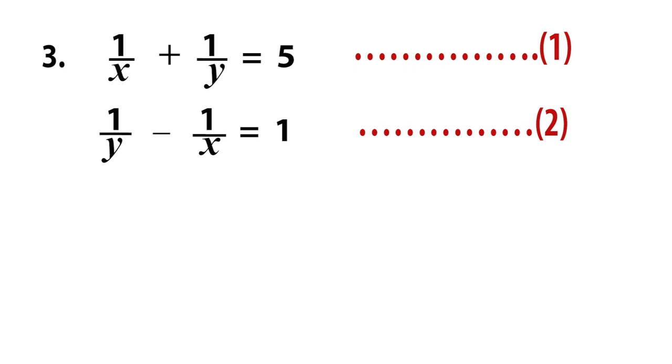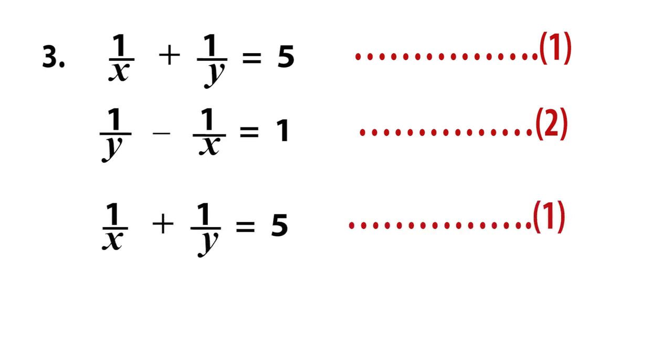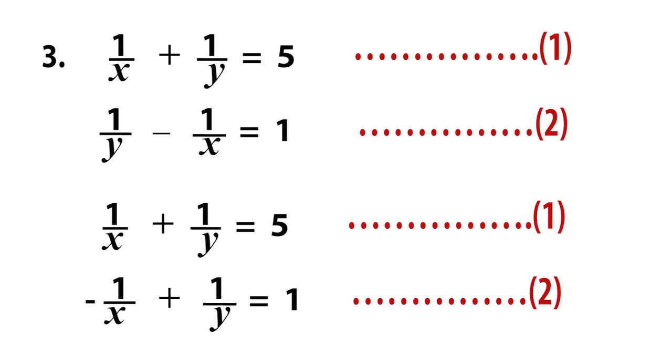So what we have to do is to rearrange the two equations so that the variables X and Y will be aligned or arranged vertically. So we have 1 over X plus 1 over Y is equal to 5. That is equation 1. And then negative 1 over X plus 1 over Y is equal to 1. And that is our equation 2.